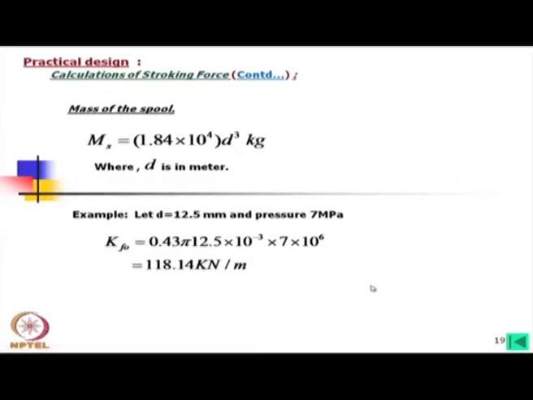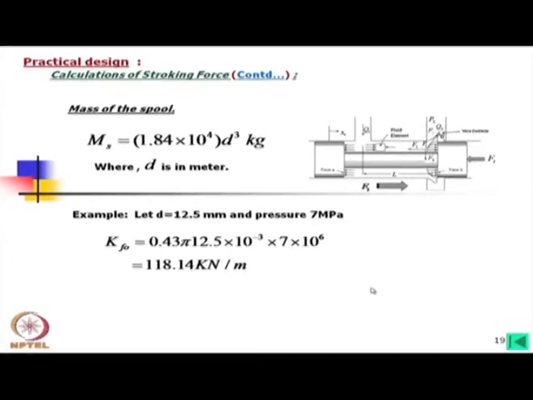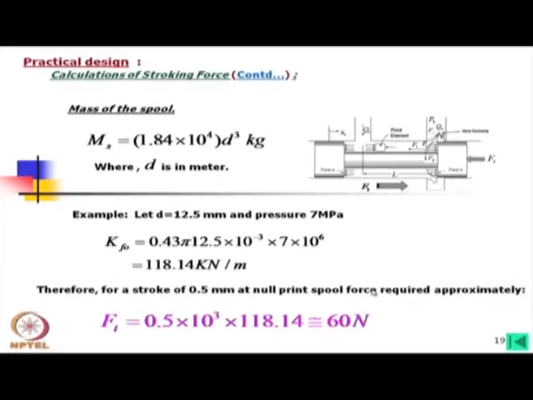Okay. And then what will be the force? For a stroke length of 0.5 millimeter at null point, the spool force required is approximately this distance in meter into K F 0, that is x b into this spring constant. So, that will be the force we require.